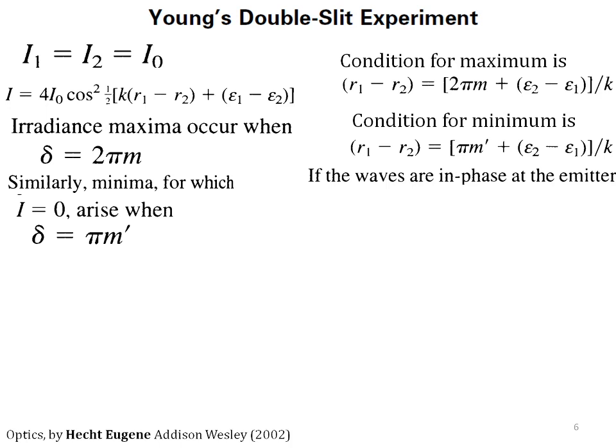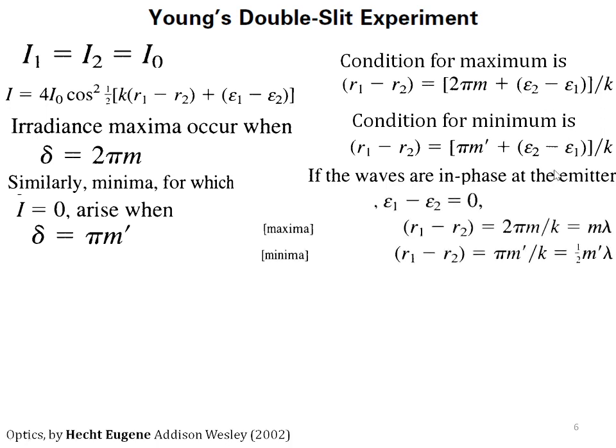So in that case this epsilon 2 minus epsilon 1 will be 0, correct? Therefore the condition for maxima becomes R1 minus R2 equal to 2 pi m divided by k, which has to be nothing but m lambda.